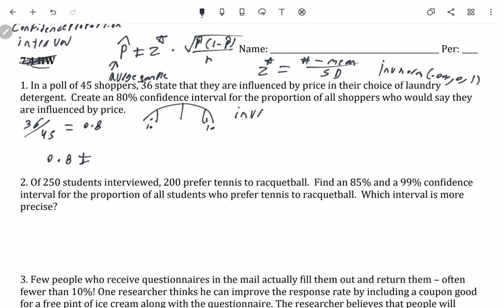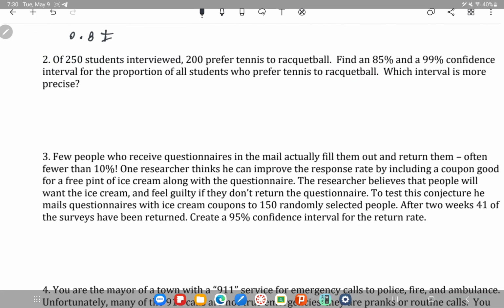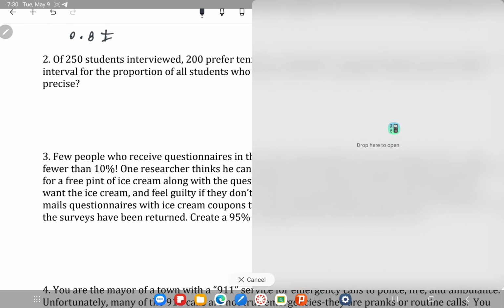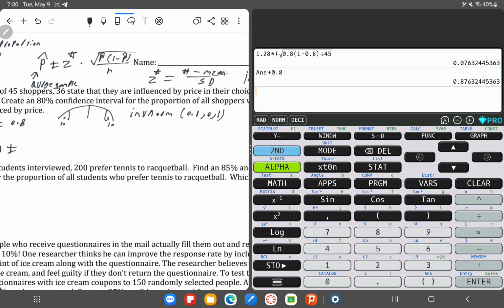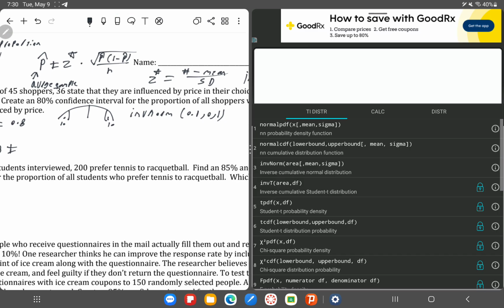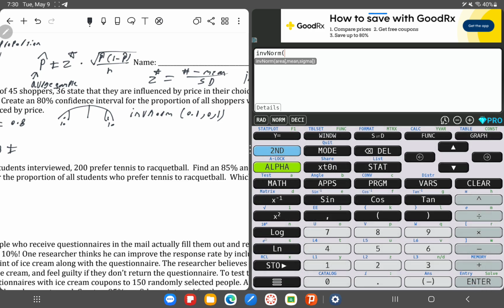Inverse norm. This is how you find your z score. Inverse norm 0.1, 0, 1. Now we're going to plug this into the calculator right here. We have our inverse norm, right? And we plug in 0.1.